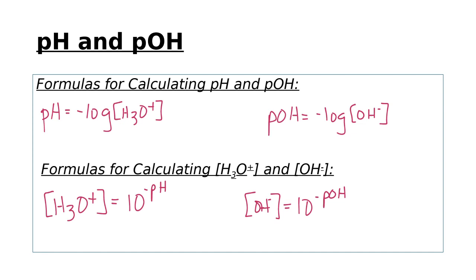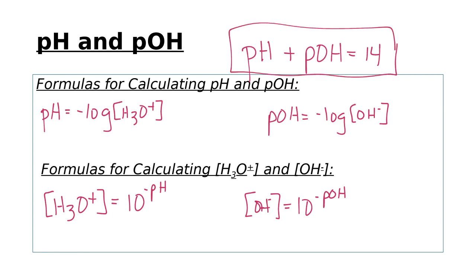And in a base that is dissolved in water, some of those water molecules will dissociate a little bit and contribute some hydronium ions. So to go back and forth between the pH and the pOH scale, this is a very important formula. You must know that adding those two values together will equal 14. And from there, you can jump around between the two scales and do whatever calculations are asked of you.